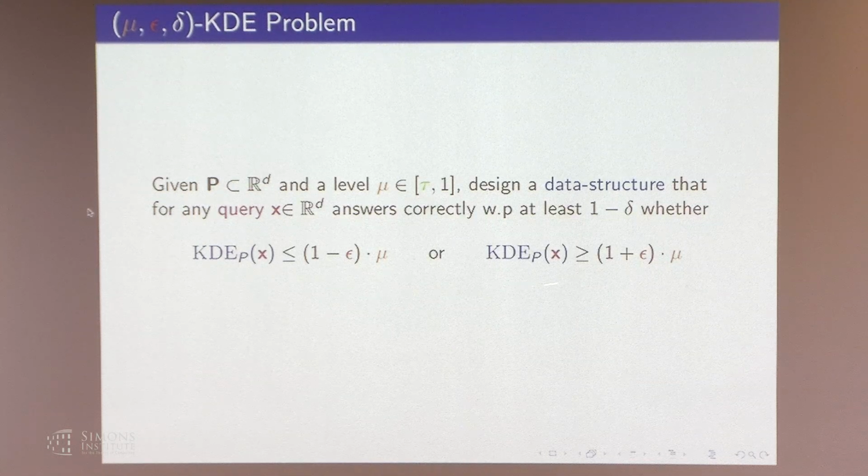One other technical thing. We're interested in solving this problem so long as the kernel density is within the range tau to 1. So we're going to assume that our kernel density is in this range, and our data structure will be built around tau. Tau will be a parameter to our data structure.